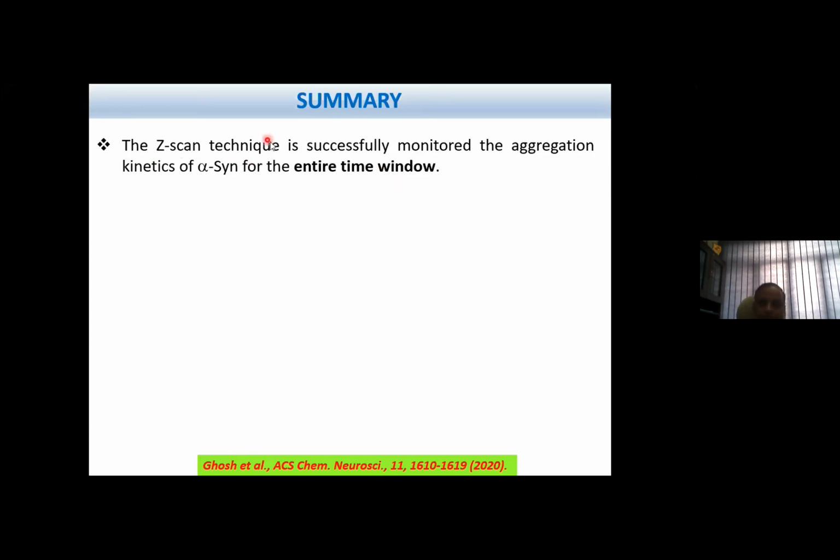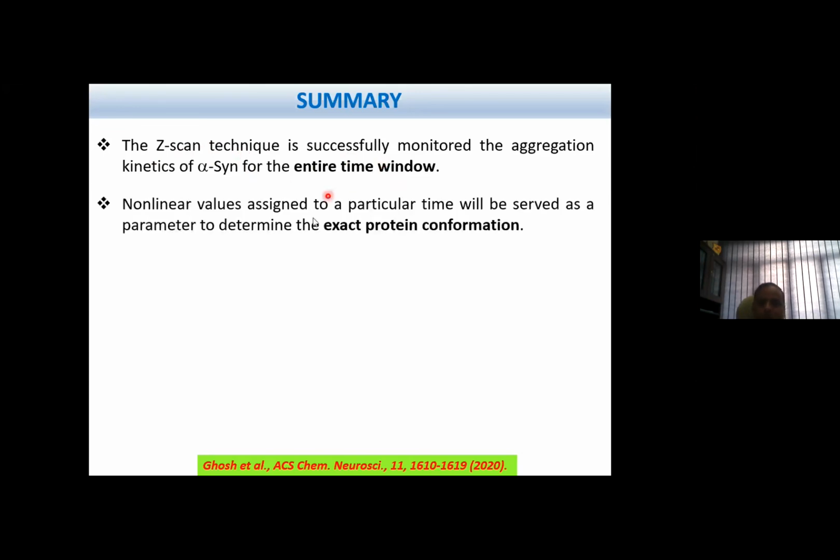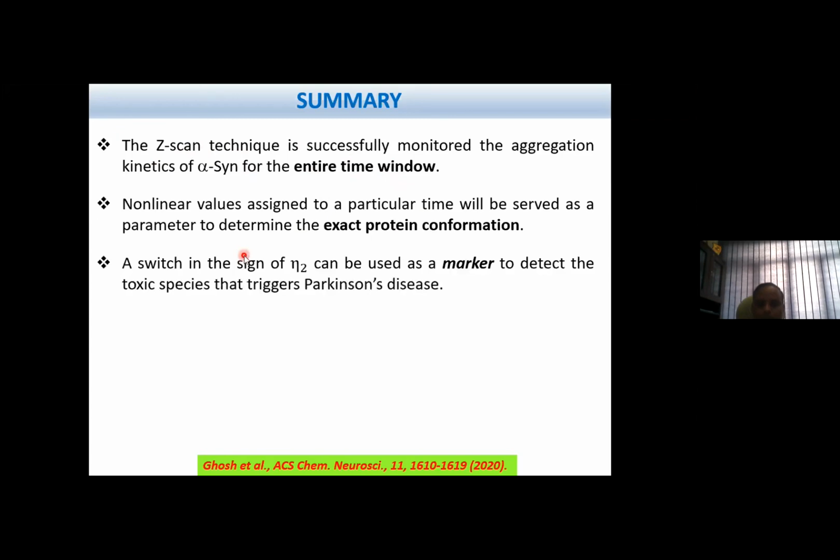For the first time, we have demonstrated the GSCAN technique, which worked for the entire time window. The exact protein conformation can also be identified by setting a parameter of a specific nonlinear magnitude for a specific population. And the sign change in eta 2 can be used as a marker to identify the toxic species which is actually triggering Parkinson's disease.